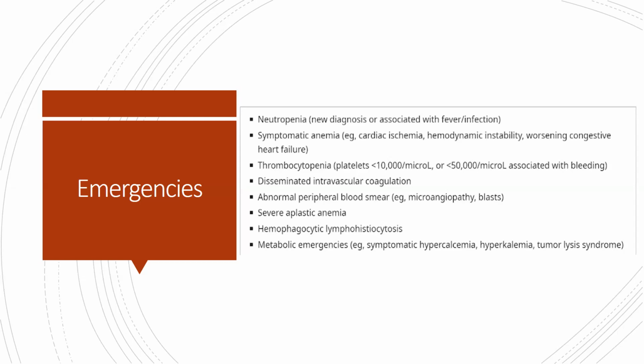These are some of the emergencies in pancytopenia that we should be aware of: neutropenia with fever or infection, symptomatic anemia with cardiac ischemia, hemodynamic instability, or worsening heart failure, thrombocytopenia with bleeding, DIC, abnormal peripheral blood smear which includes blasts, severe aplastic anemia, which I'll talk about later, HLH, as well as any metabolic emergencies, okay, tumor lysis syndrome, hypokalemia. Anytime we encounter one of these, we should consider whether to get a hematological consultation.